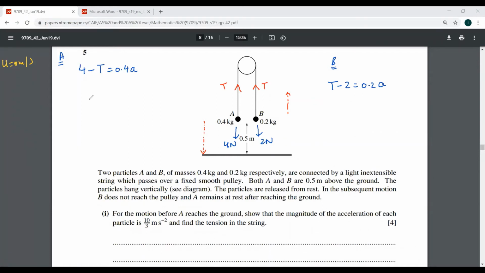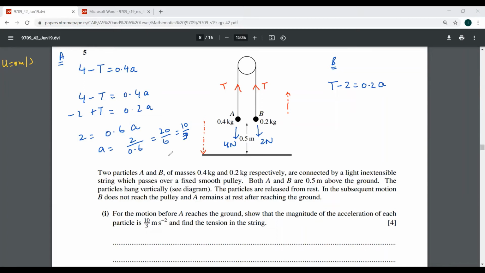So if I add them together, this is 4 minus T equal to 0.4 A. Let me write this T under the T. And this is minus 2 and this is 0.2 A. So you have 2 equals 0.6 A, and your A is going to be 2 over 0.6, which is 20 over 6, and that is going to be 10 over 3. That is what you have to show, that this is 10 over 3 meter per second square.